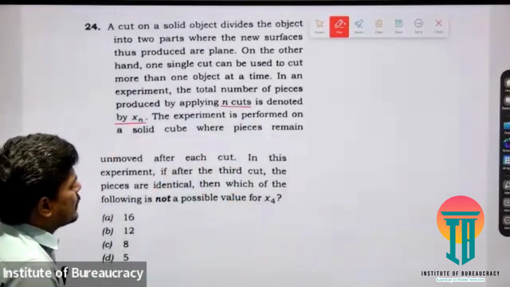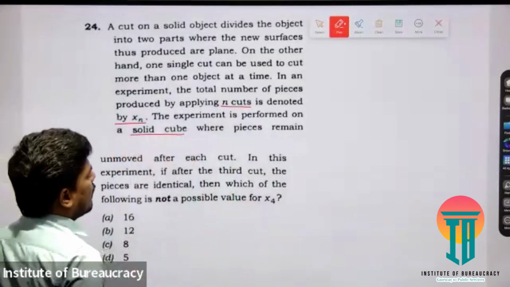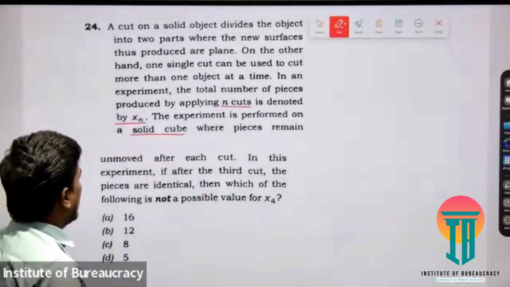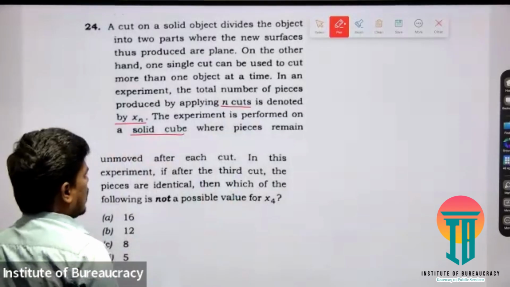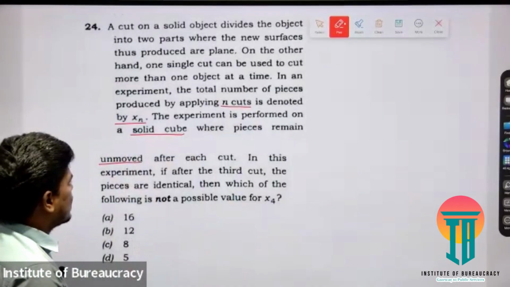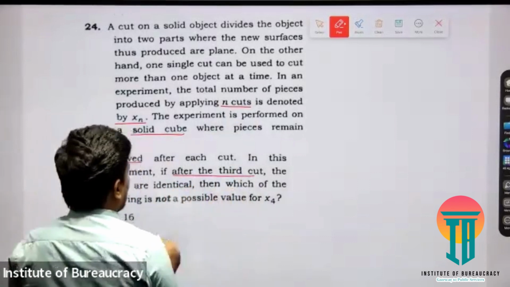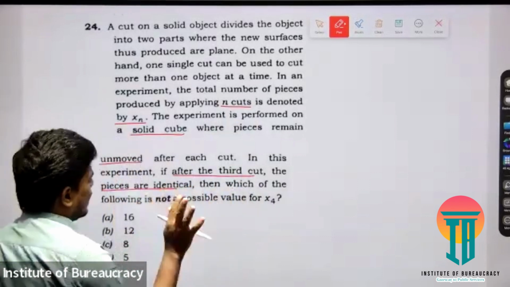The experiment is performed on a solid cube, where pieces remain unmoved after each cut. We are not moving. In this experiment, if after the third cut, the pieces are identical. After the third cut, if you go for the fourth cut, the pieces are identical.